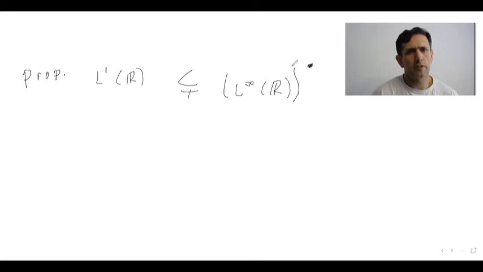The dual of L infinity is a rather complicated object. In a course like this, you don't talk about it much, or rather you don't try to explicitly define the dual space. It's just so large that it's really complicated. In a more advanced course on Banach space theory, you would talk about the dual space of L infinity. But let's at least prove the following proposition, that L^1 is strictly smaller than the dual space of L infinity.